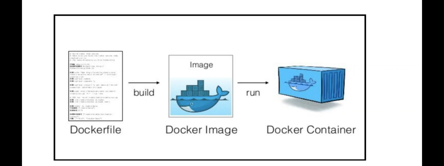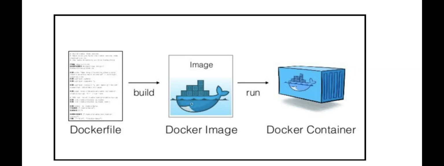Now, a most fundamental thing to understand over here is that, just like in typical object-oriented languages, we create classes by compiling from source code, right? In this case, our source code will be a file named Dockerfile.